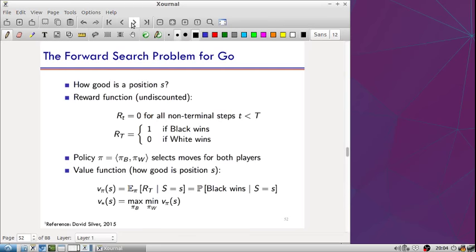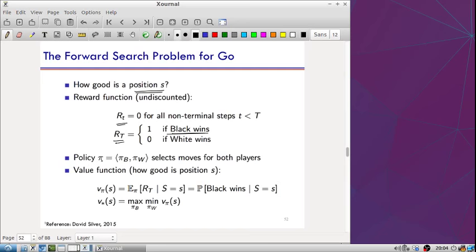So let's ground something. What is the problem here? We want to figure out how good the position S is. S is just a board state. Then let's define a couple of things. Let's say the reward is 0 for all non-terminal states, and the reward is 1 if, let's say, black wins, or 0 if white wins.